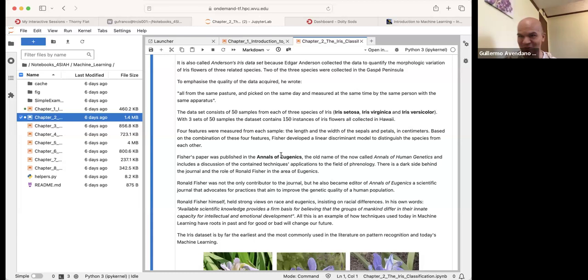Part of that was what people at that time tried to do, using, for example, human features to identify reasons why one kind of people is eventually superior to another kind of people.